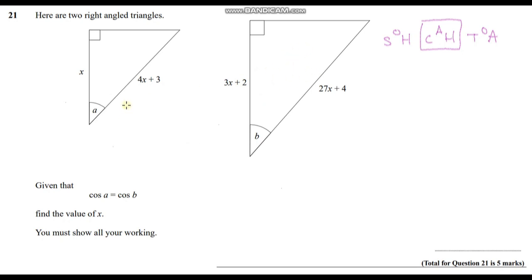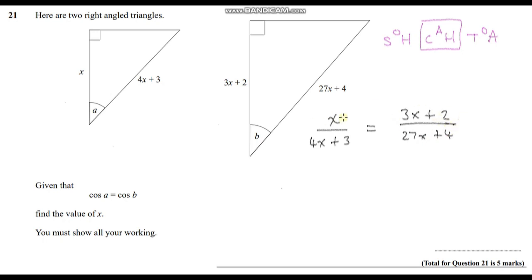In this triangle, the adjacent is x, so it's x divided by the hypotenuse, which is 4x plus 3. And that is equal to the adjacent in this triangle, 3x plus 2, divided by 27x plus 4.